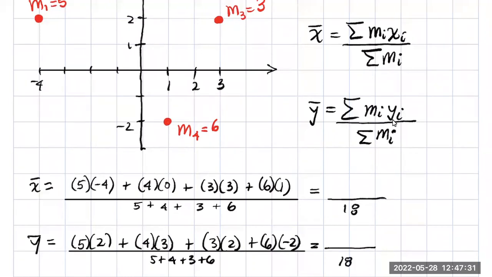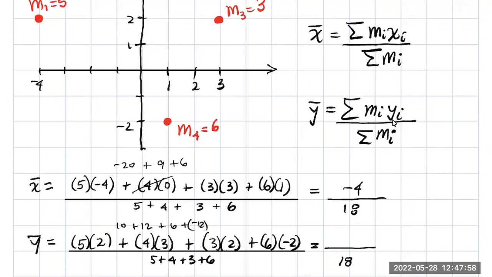All right, let's see what we're going to get. So the second term on here is 0. So we're going to get what? Negative 20 plus 9 plus 6. And that's what, 15. So it looks like we're going to get minus 4 over 18. And in the denominator, for y bar, we're going to get 10 and 12 and 6 and a negative 12.